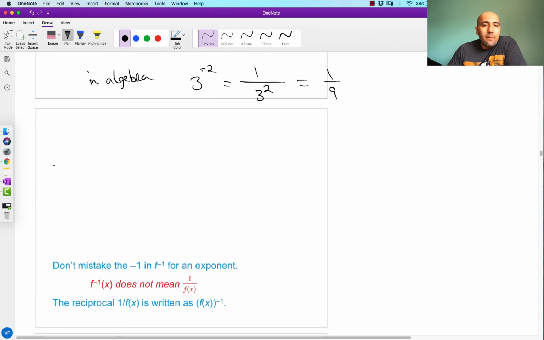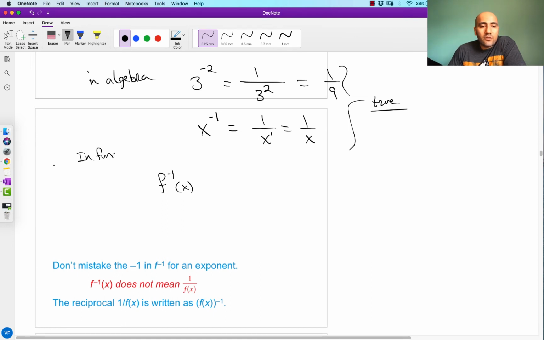But it does not mean the same thing with functions. If we had a variable, x to the negative 1, then that would also mean this, right? To the positive 1 or just x. True. These are true. But now we invented this whole new idea, f to the negative 1 inverse in function notation, and this does not equal this.